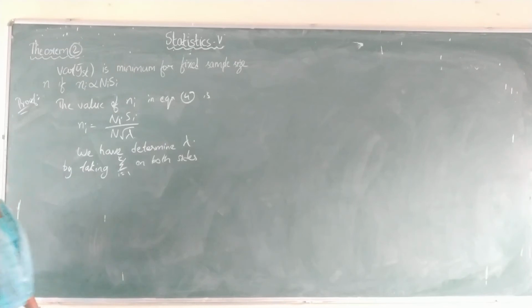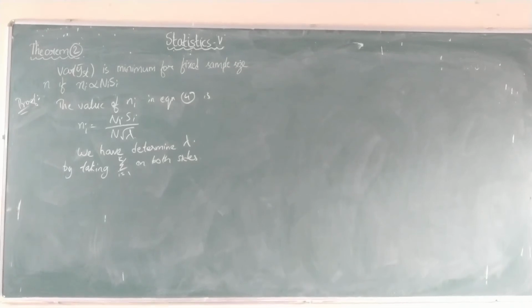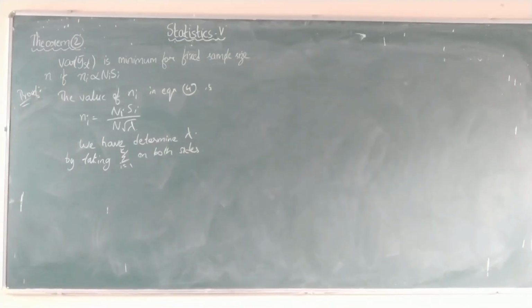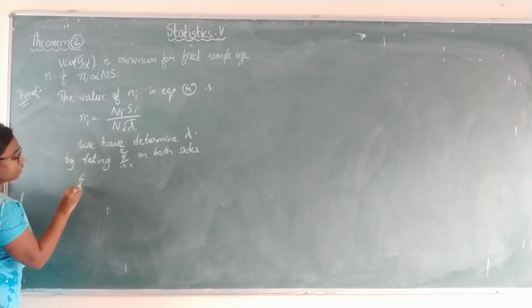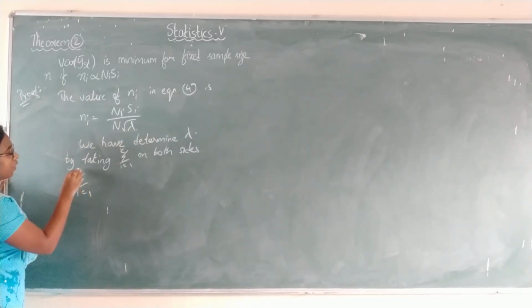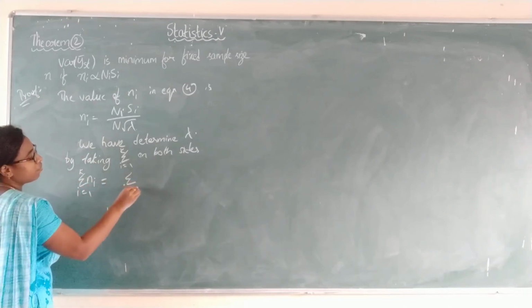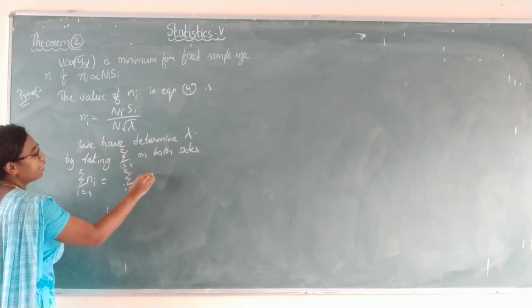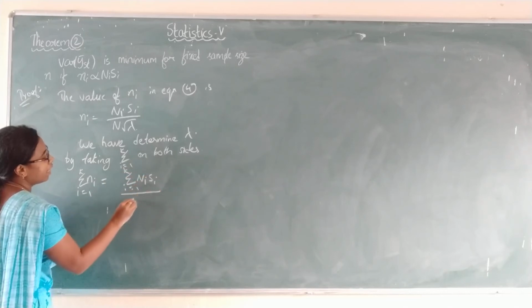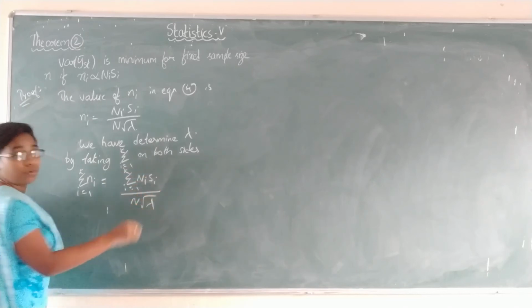Now if you observe, summation i equals 1 to k of ni equals summation i equals 1 to k of Ni Si by N into root lambda.